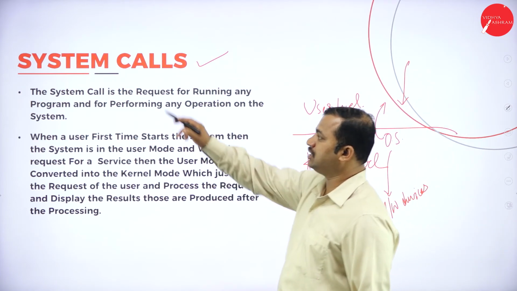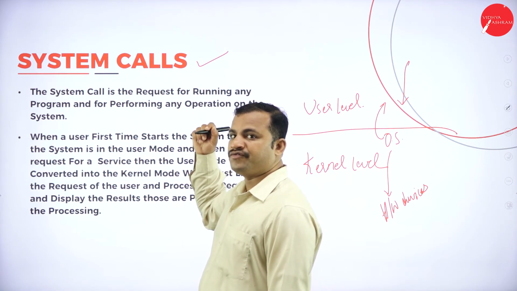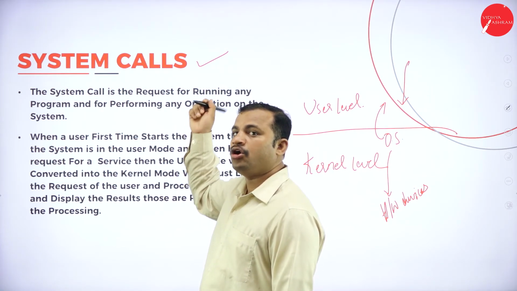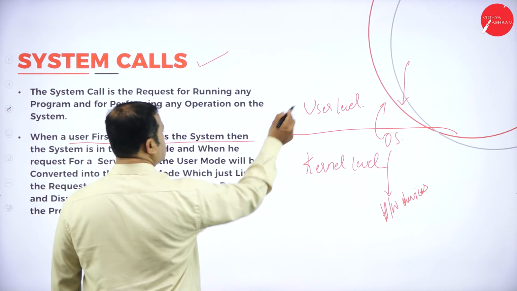So what is the meaning of a system call? As I told you, a system call refers to the call made to the operating system. The user starts with the system call.